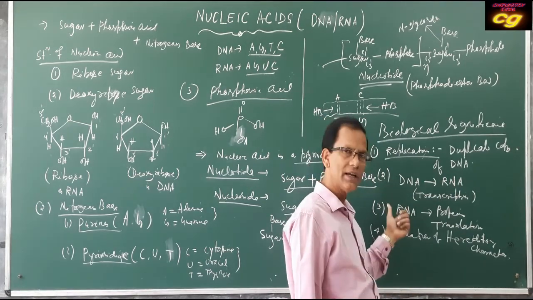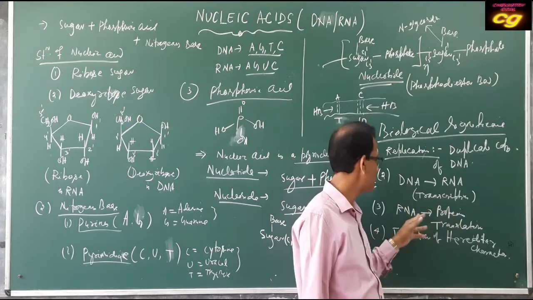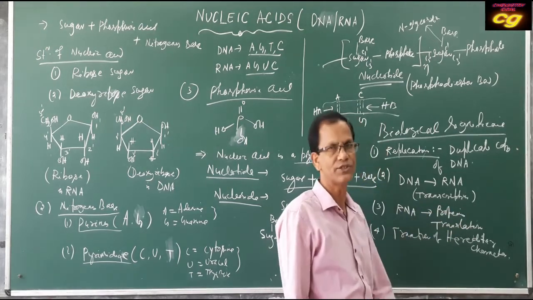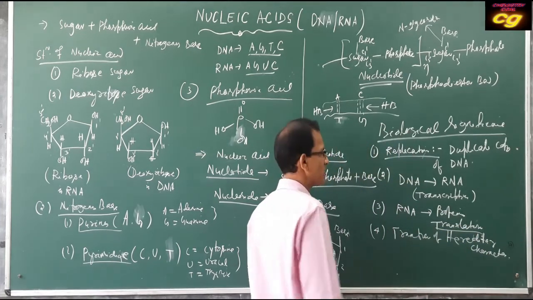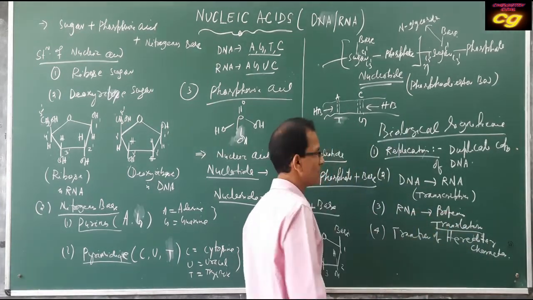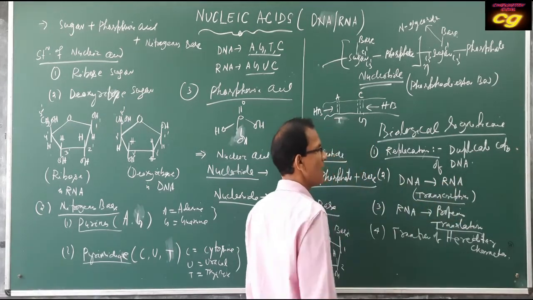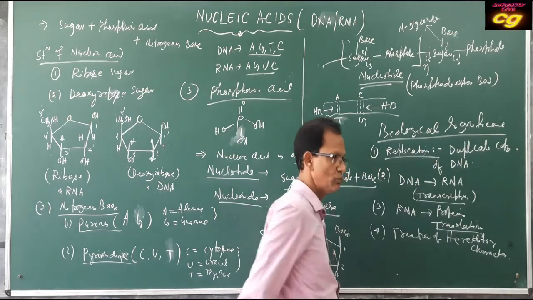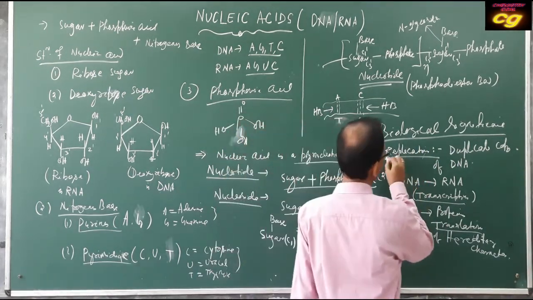And last point, the RNA synthesizes protein. This process is called translation. Very important: translation means formation of protein from RNA, transcription is RNA from DNA, and separation of DNA into a duplicate copy is called replication.